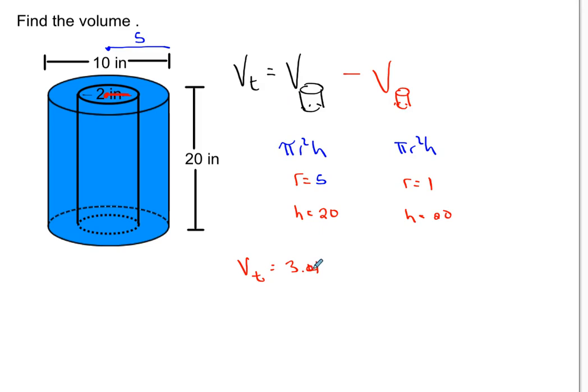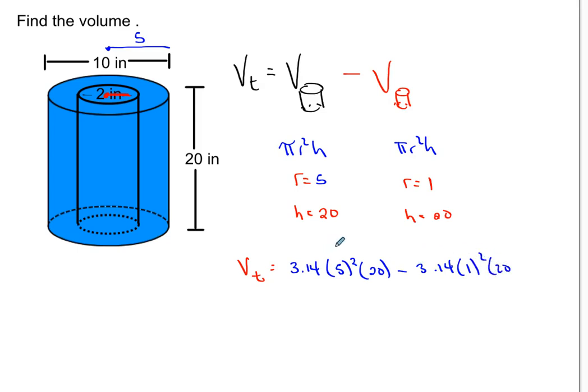All right, and then I got my total volume. I use 3.14, assuming we're using 3.14 for pi, times r squared, times 20, my height, and I'm going to subtract the next volume, which is 3.14 times 1 squared times 20.